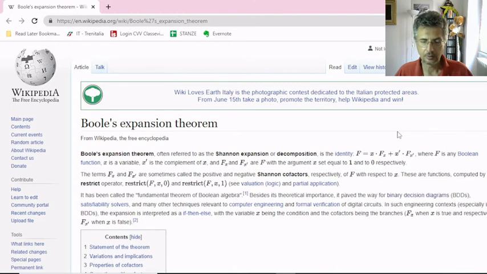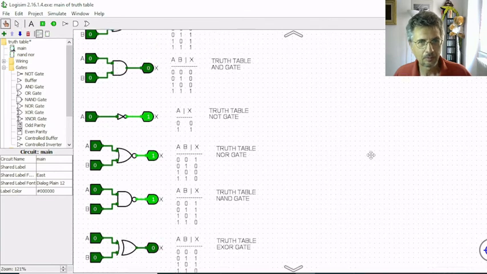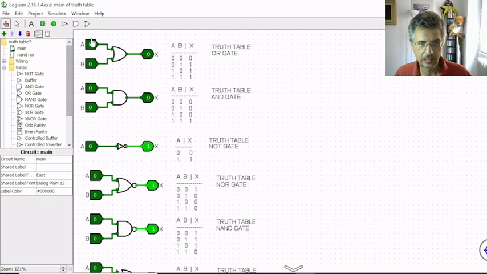In a nutshell, this theorem ensures that given a truth table, even a very complicated one, it will always be possible to find a circuit that realizes it using just the three basic gates. So fundamentally, we can realize every logical circuit using just OR, AND, and NOT.